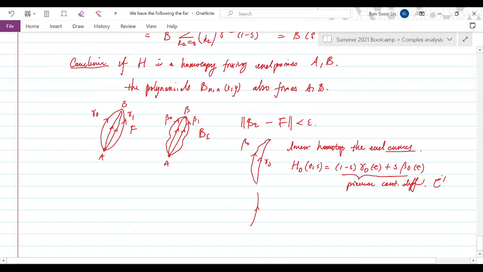Right. And we also do the same for the other, so the gamma 1 curve to the n curve of the Bernstein polynomials. Same deal. Also piecewise C1. And the only thing that we need to make sure is that they all fit inside U, right?